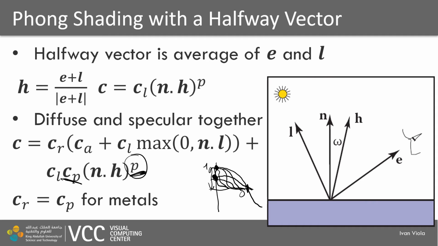So you can experience it if you look at gold, for example, and you shine a white light on it, the specular highlight will still be yellow if we are dealing with yellow gold. Therefore, our CP will actually again be CR. So for metals, the CR will be entirely outside the equation, and will not only be the diffuse reflection, but will also serve as the scaling factor for the specular reflection.